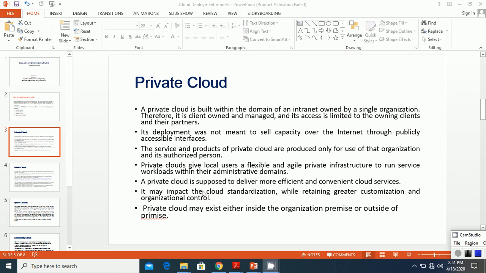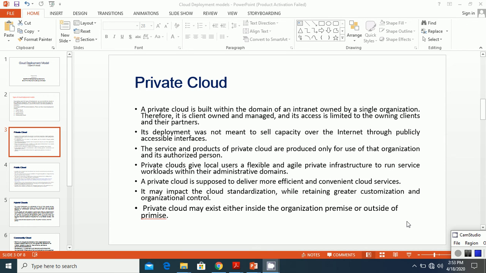So here the single organization is managing the cloud. This organization may use this cloud facility for its own purpose or for a limited number of customers. This private cloud may exist inside the organization's premises or it may be outside the premises.